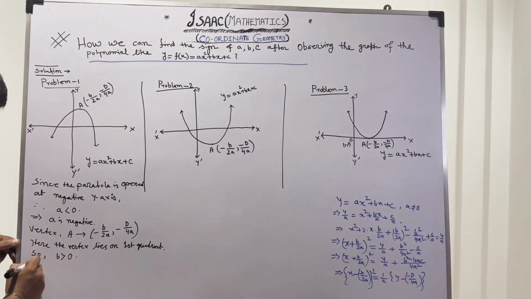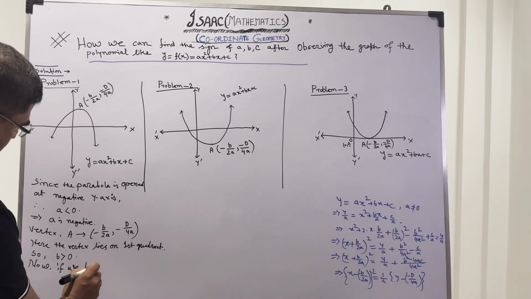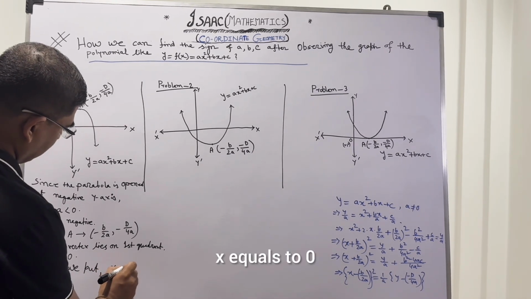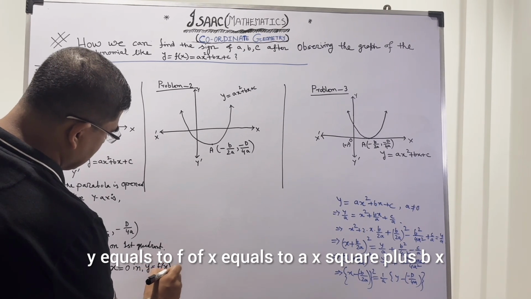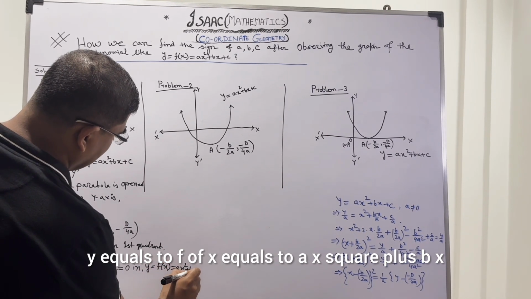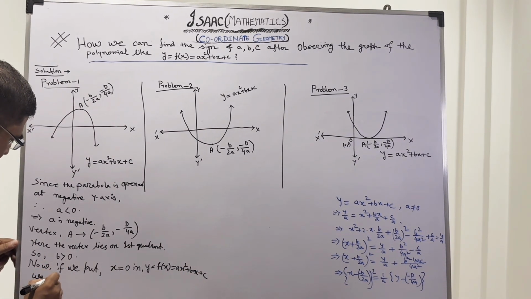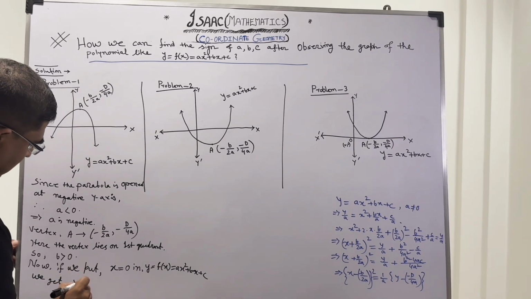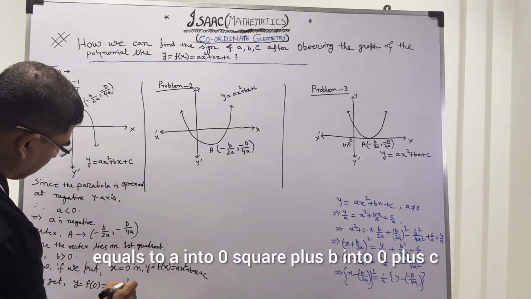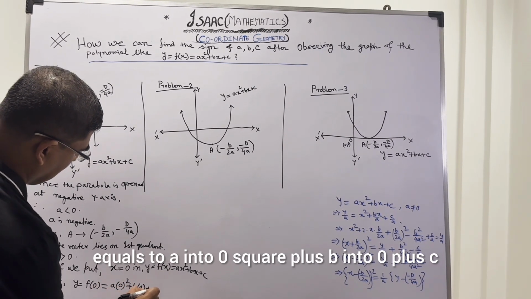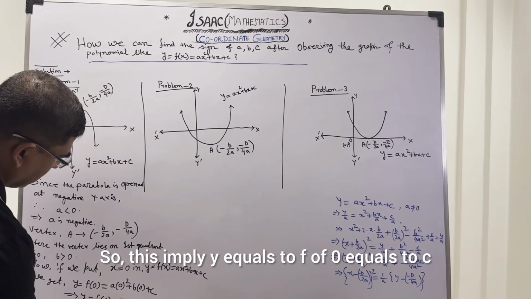Now, if we put x equals to 0 in y equals to f of x equals to ax square plus bx plus c, we get y equals to f of 0 equals to a into 0 square plus b into 0 plus c. So this implies y equals to f of 0 equals to c.